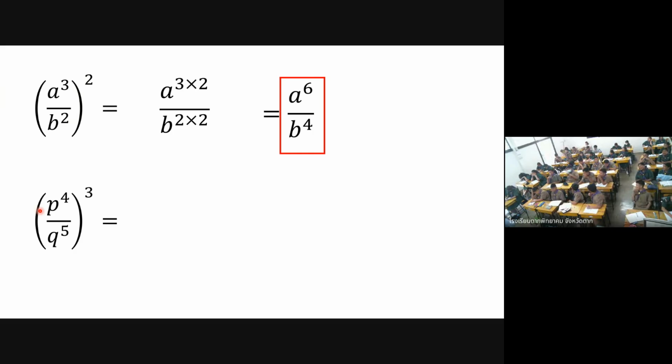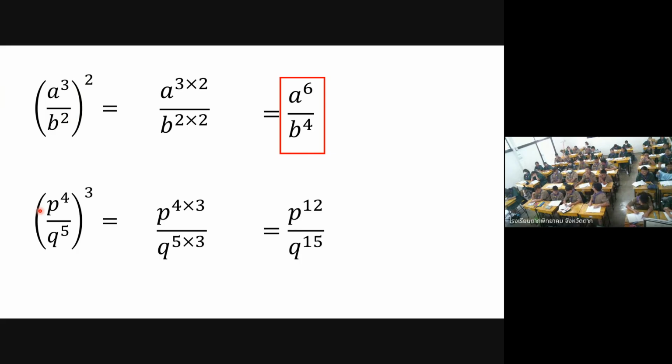So P to the power of 12 over Q to the power of 15. Next.